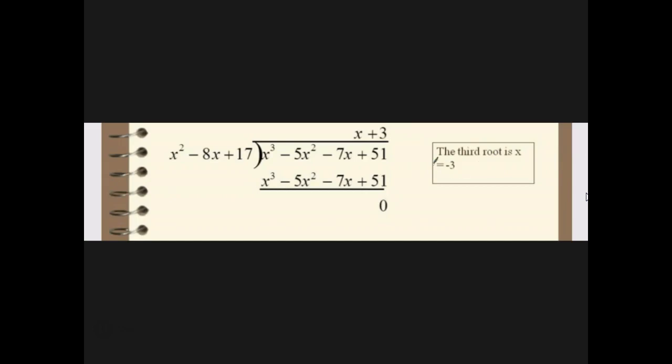So the third root is negative, which matches our theorem that we need a negative value. Okay?